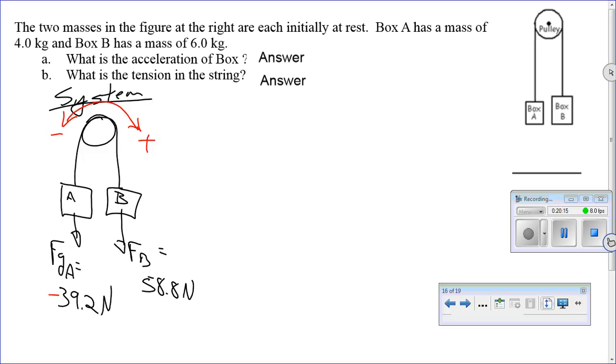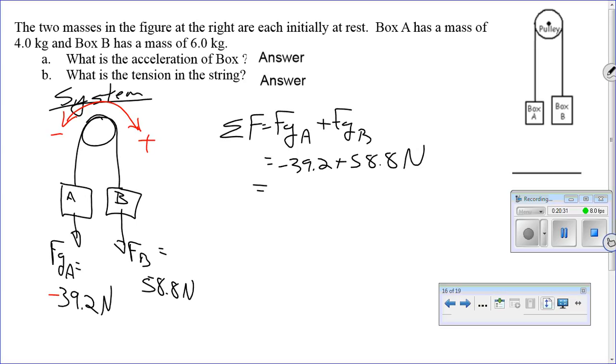All right, so let's find our acceleration. For the whole system, our net force is going to be the force of gravity on A plus the force of gravity on B. So that's negative 39.2 plus 58.8 newtons. So you get 19.6 newtons for a net force. What should I do?